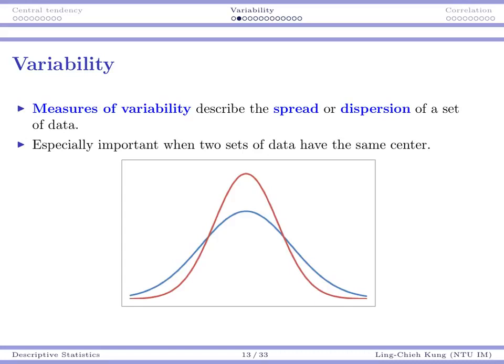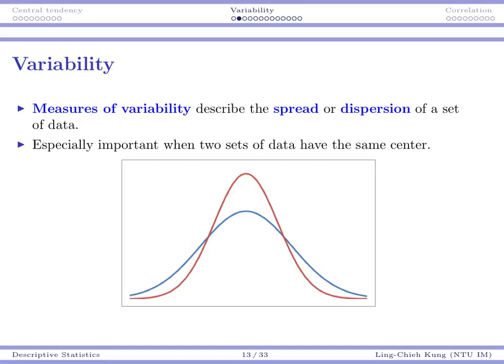Or technically, you can see that they have the same mode, right? Because their mode is just here. And you can see that they are symmetric, that also tells you that their average is here. Okay, so their mean is here, and also their median is here.